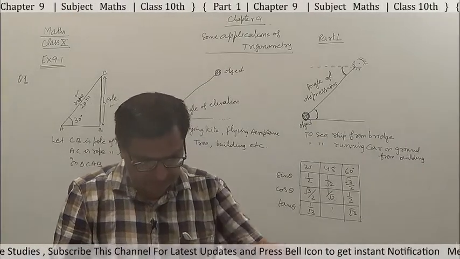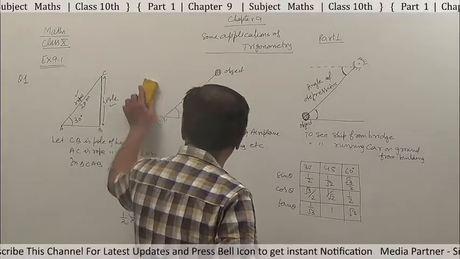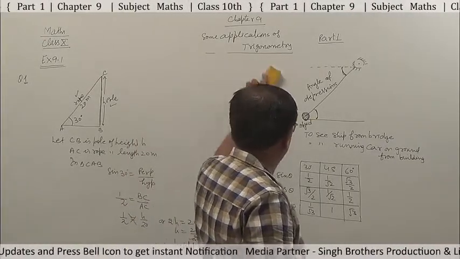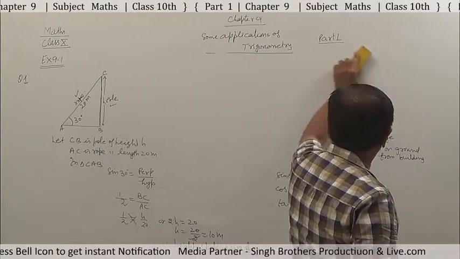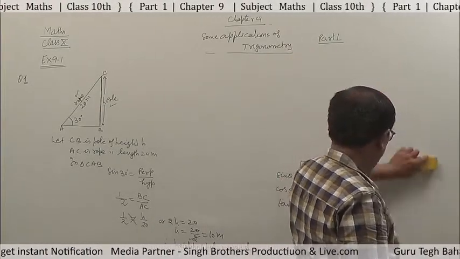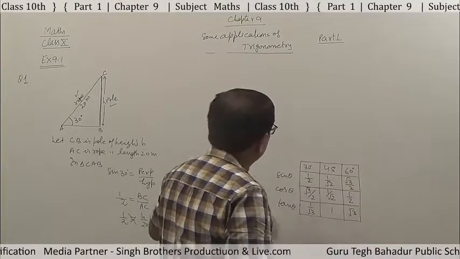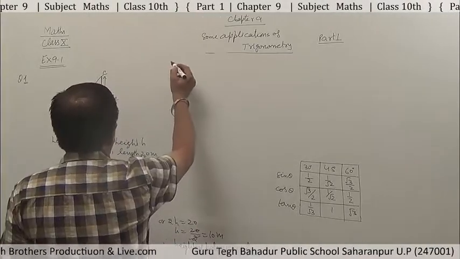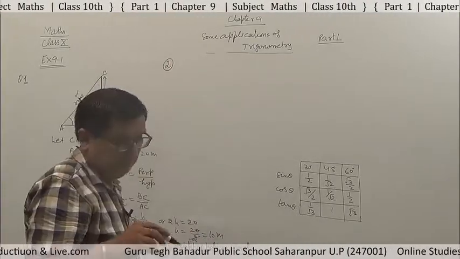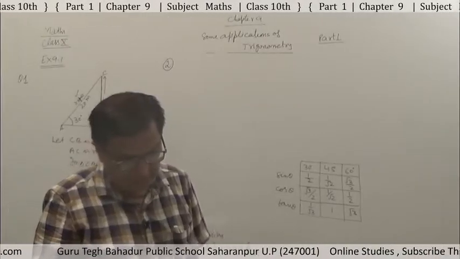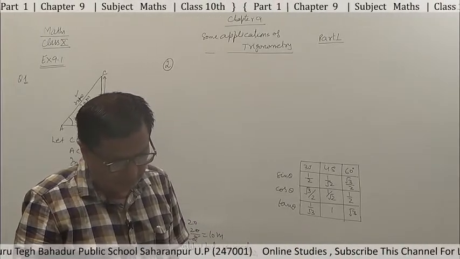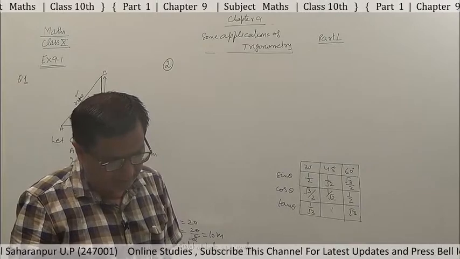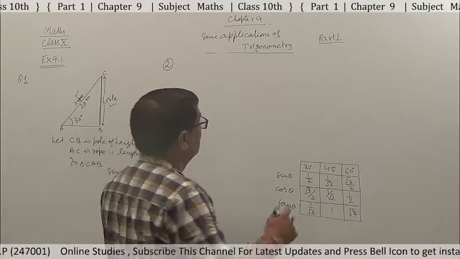Let us see the second question. A tree breaks due to a storm and the broken part bends so that the top of the tree touches the ground, making an angle of 30 degree with it. This is a tree.